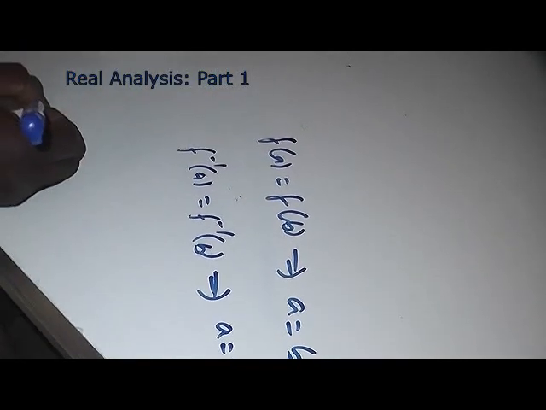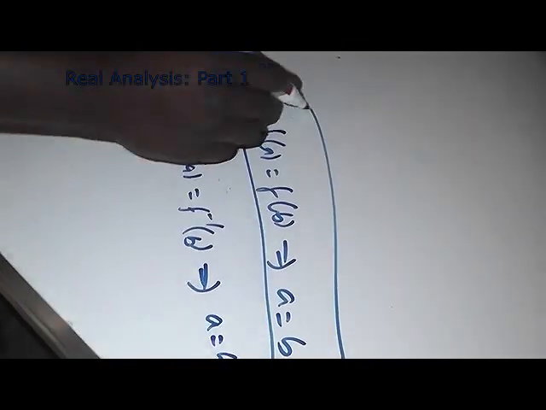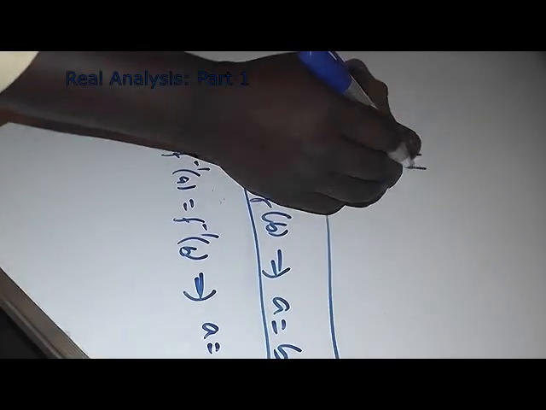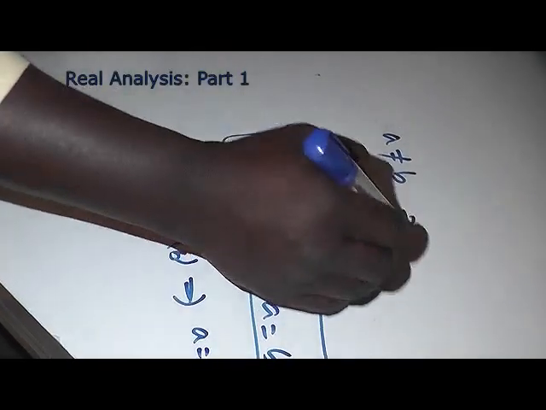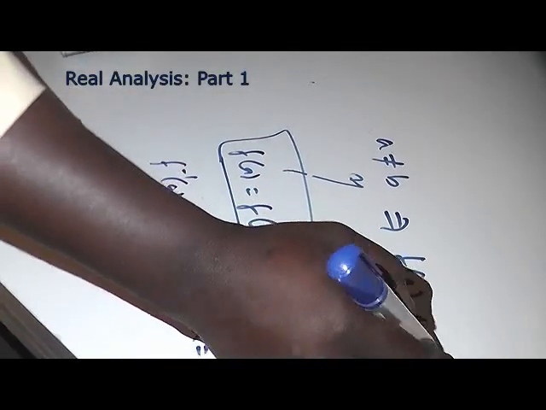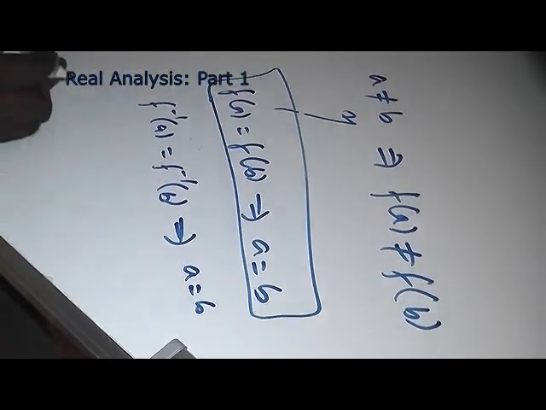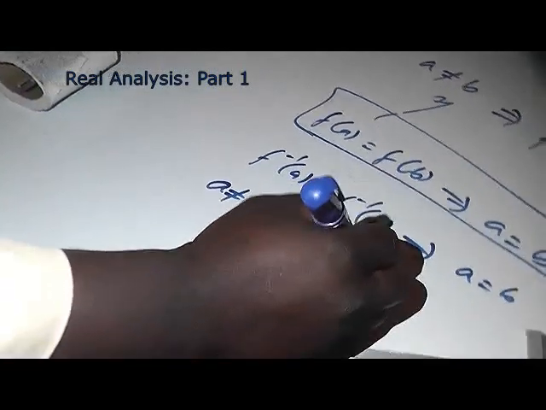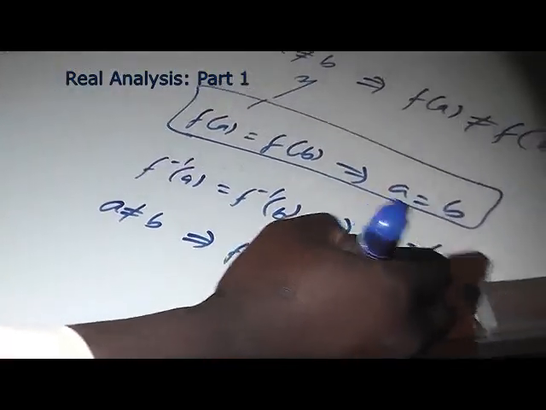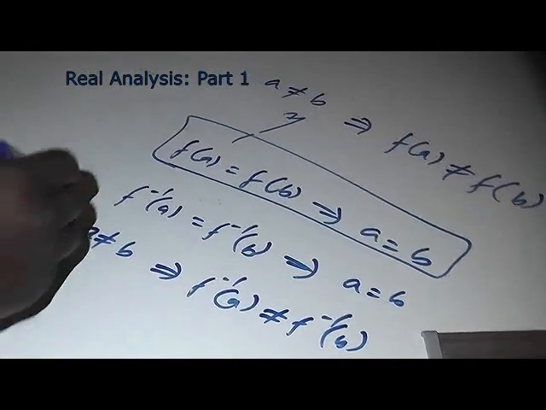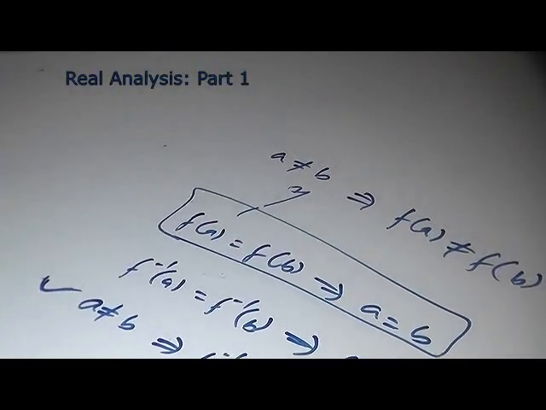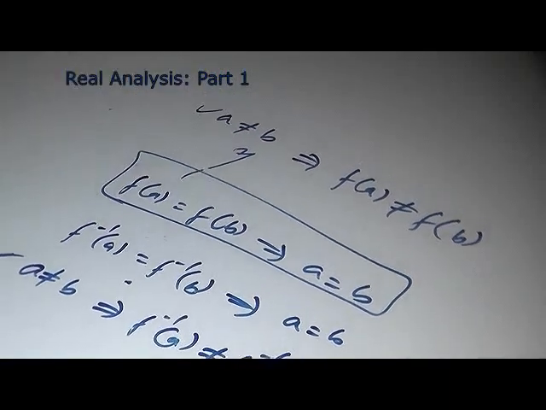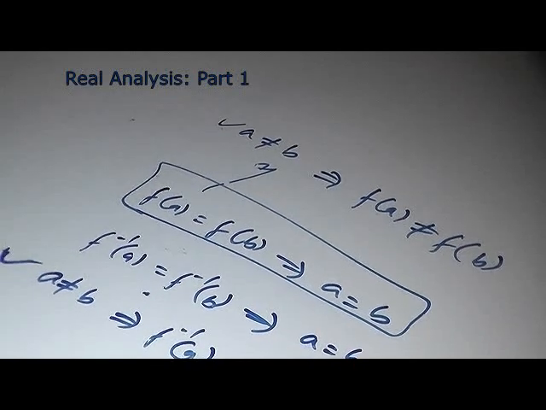The contrapositive of it is a is not equal to b implies f of a is not equal to f of b. So also, a is not equal to b implies f inverse of a is not equal to f inverse of b. These two are alternatives. This is an alternative definition of ontoness, and this an alternative definition of 1-to-1.